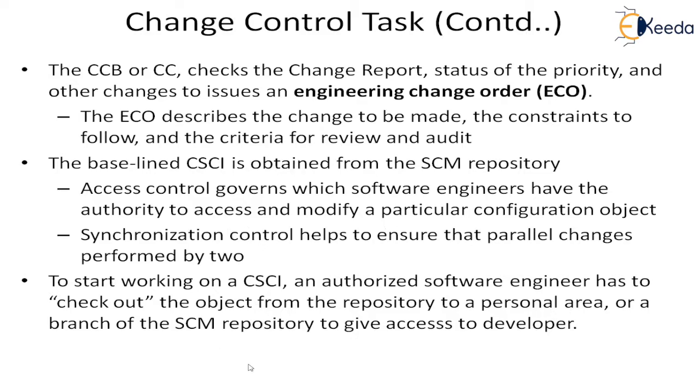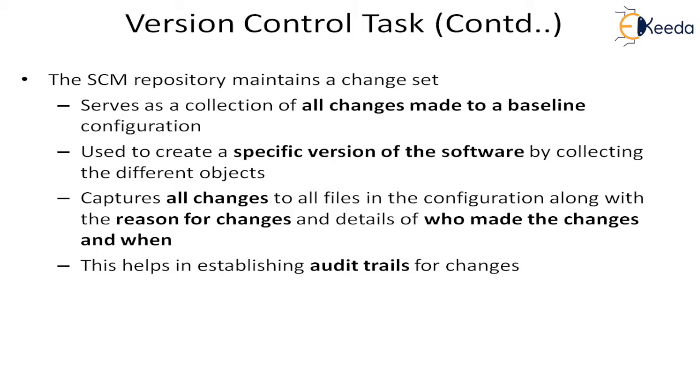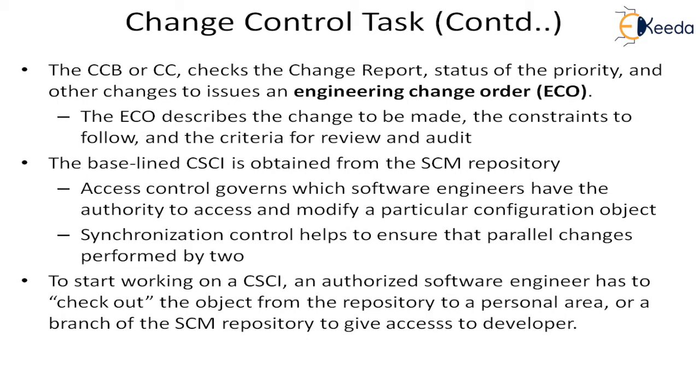So this is about the change control task, and as we have seen, it is a procedure to authorize the change and to issue the right elements from the repository to the developers, so that they will make the change and be able to release it. So we have completed the change control task.